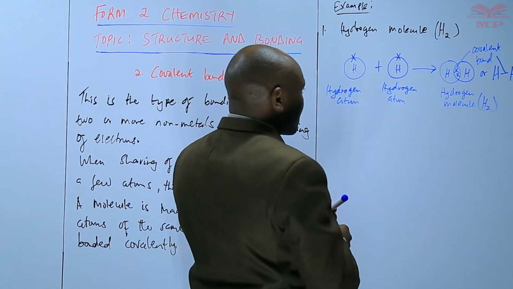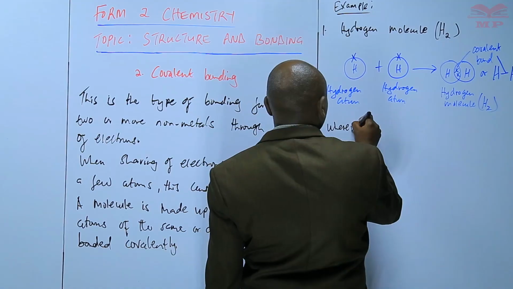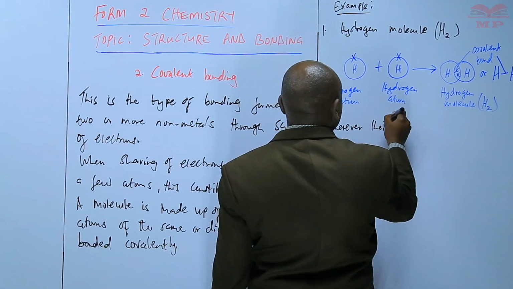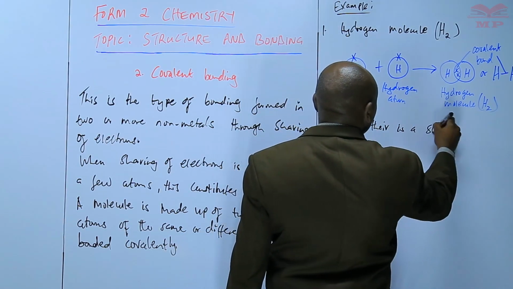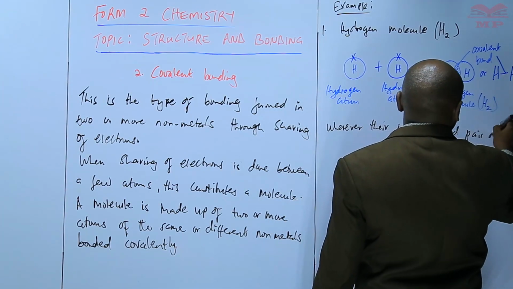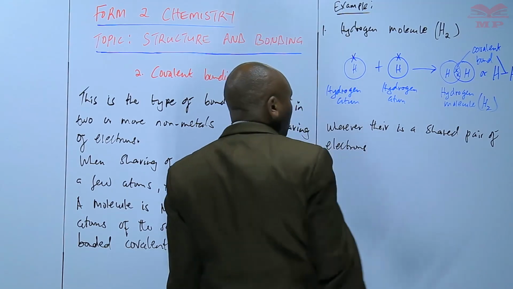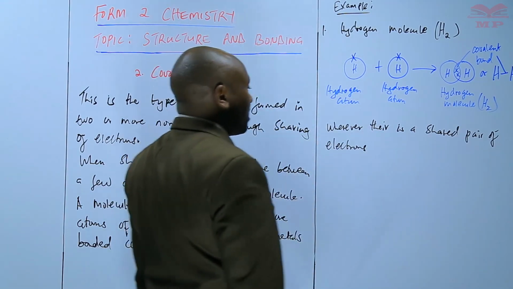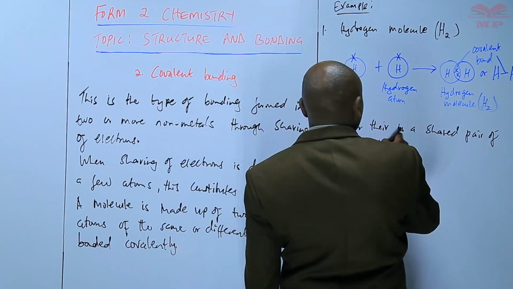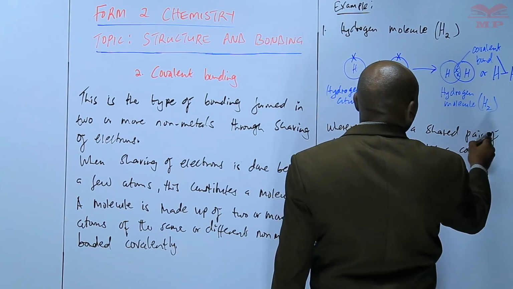And in that we can say that wherever there is a shared pair of electrons, it constitutes a covalent bond.